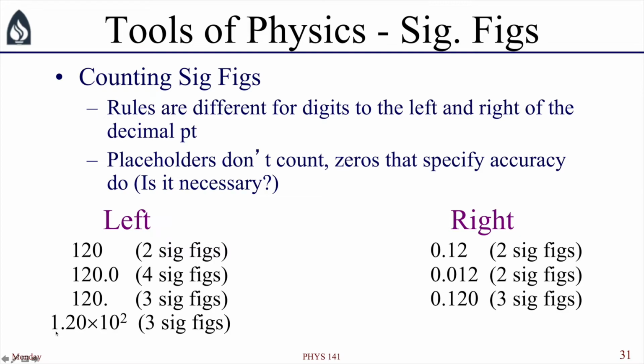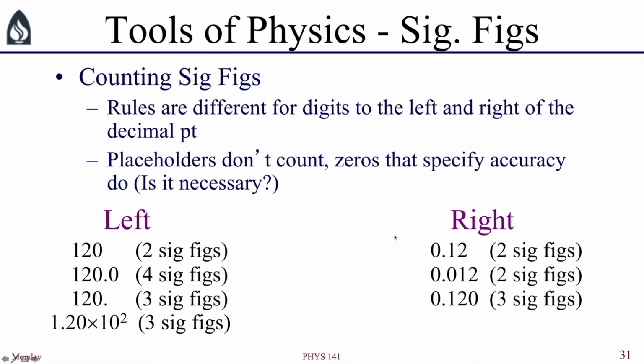So here we have 1.20. The 0 is significant, and it's clearly significant because it's not necessary to tell you how big the number is. It is specifying accuracy. So it's a bit easier to tell when you have scientific notation whether a 0 is or is not significant.